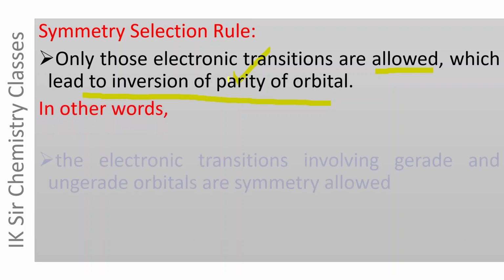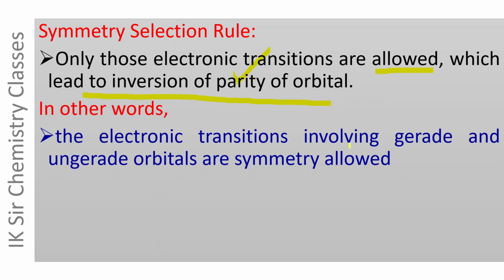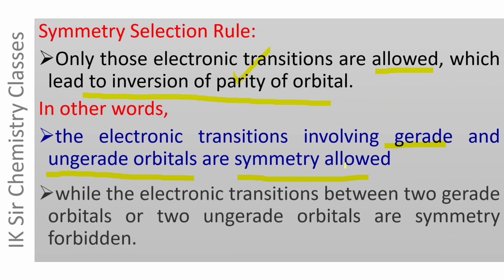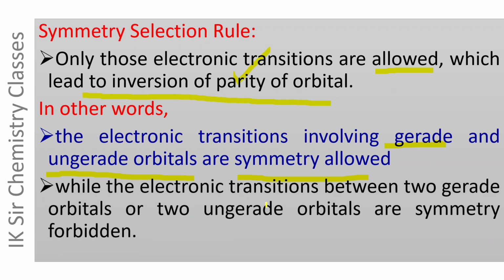In other words, the electronic transitions involving gerade and ungerade orbitals are symmetry allowed. Let us illustrate it. While the electronic transitions between two gerade orbitals or two ungerade orbitals are symmetry forbidden.